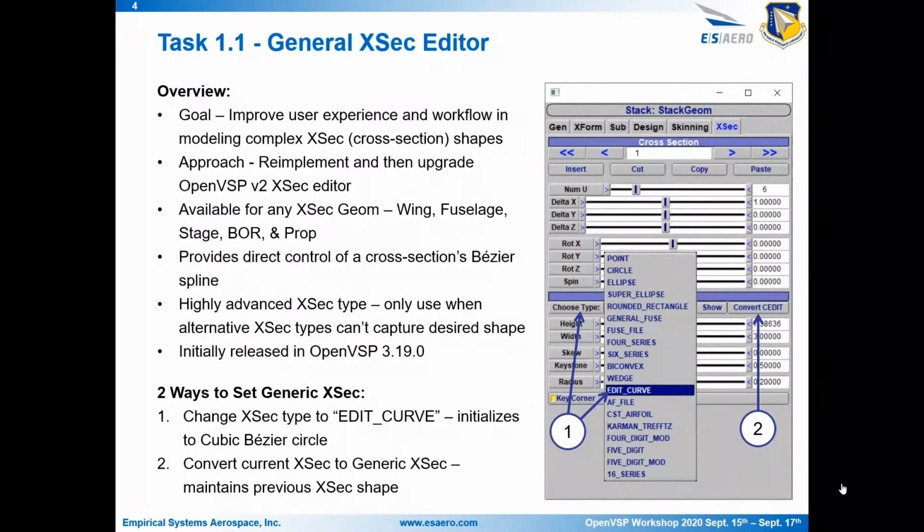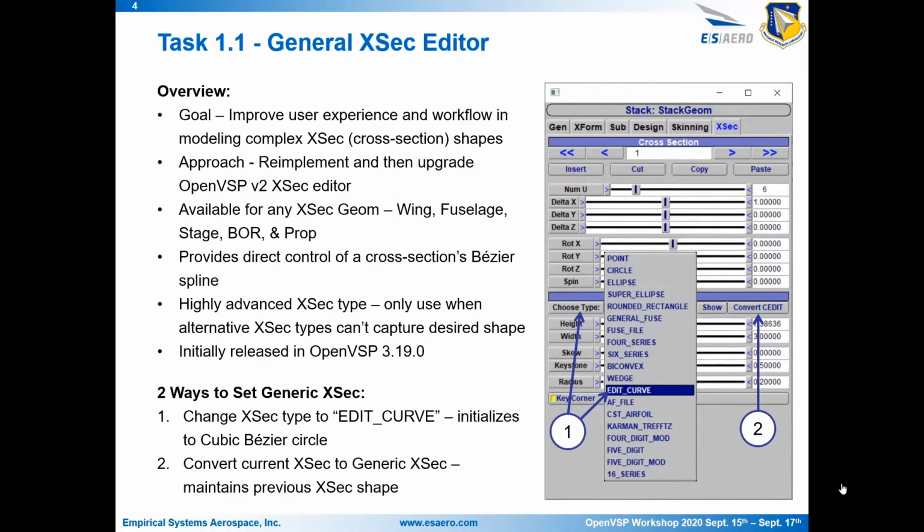It's available for wings, fuselage, stack, body of revolution, props, and it was actually something that was available back in version 2 of OpenVSP, but we've re-implemented it and added tons of improvements on top of what was previously available.